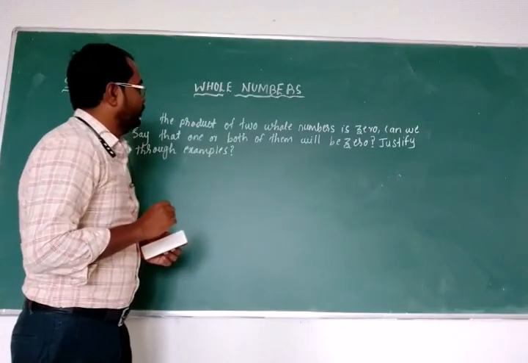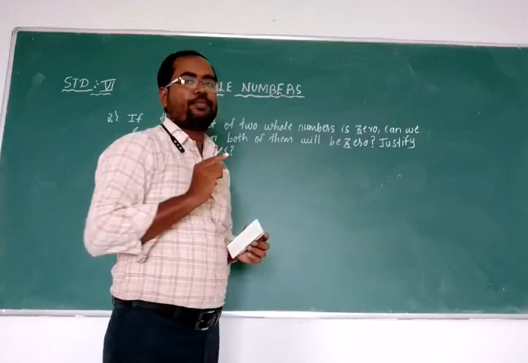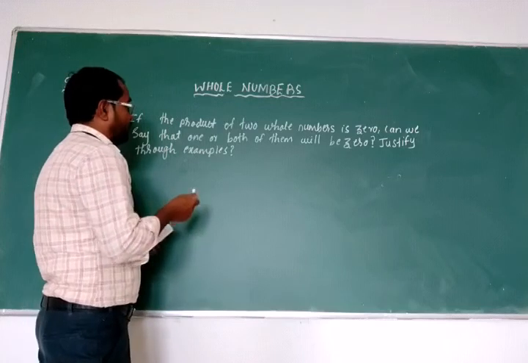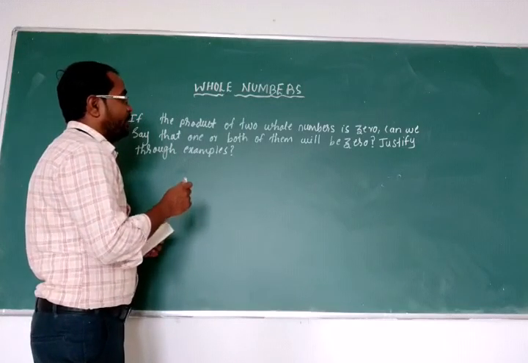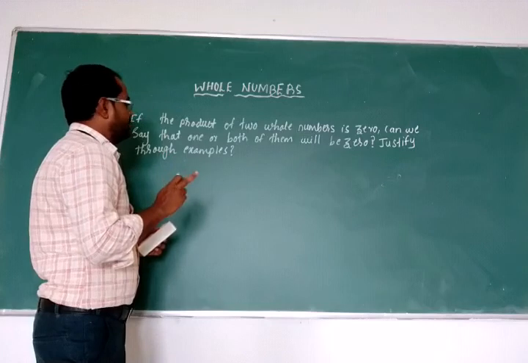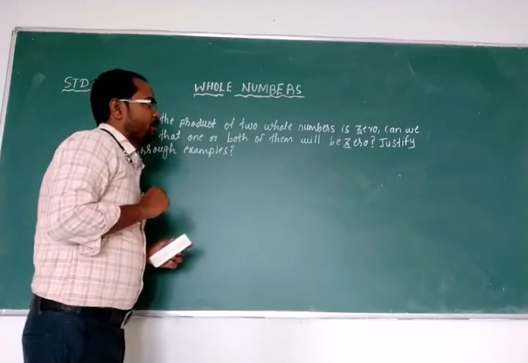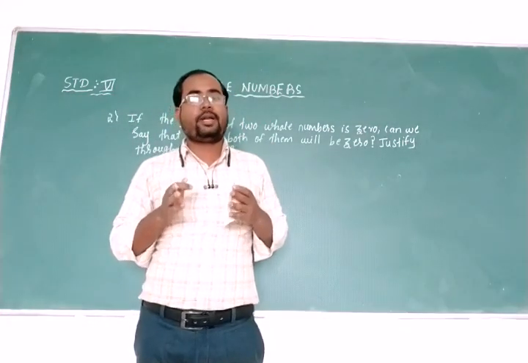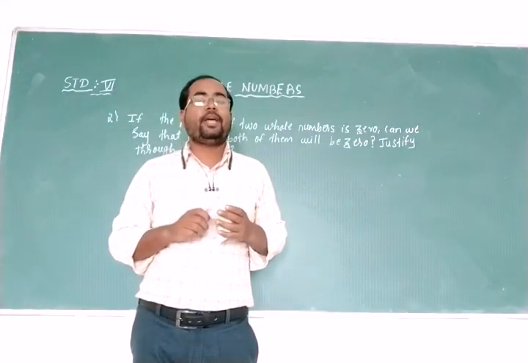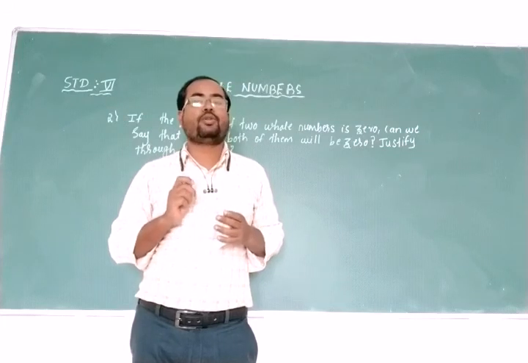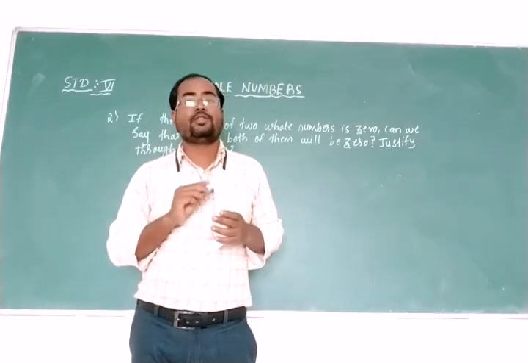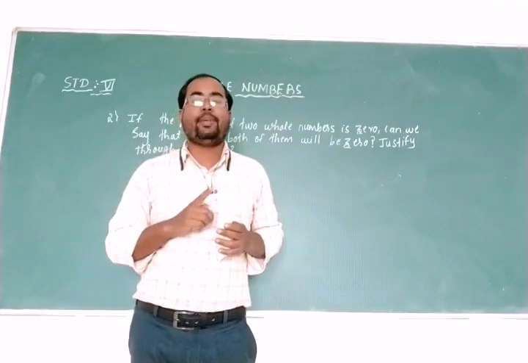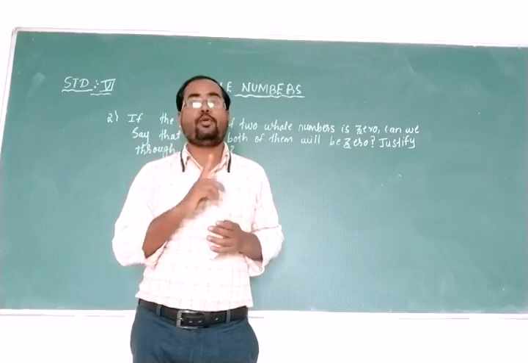If the product of two whole numbers is 0, can we say that one or both of them will be 0? Justify through examples. When you multiply two numbers, if you have to get a product of 0, either the multiplier or the multiplicand has to be 0, or both of them have to be 0.